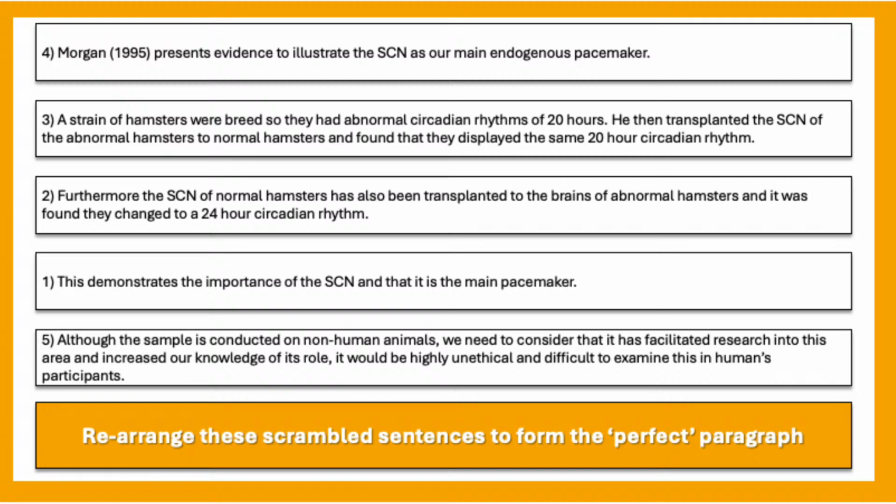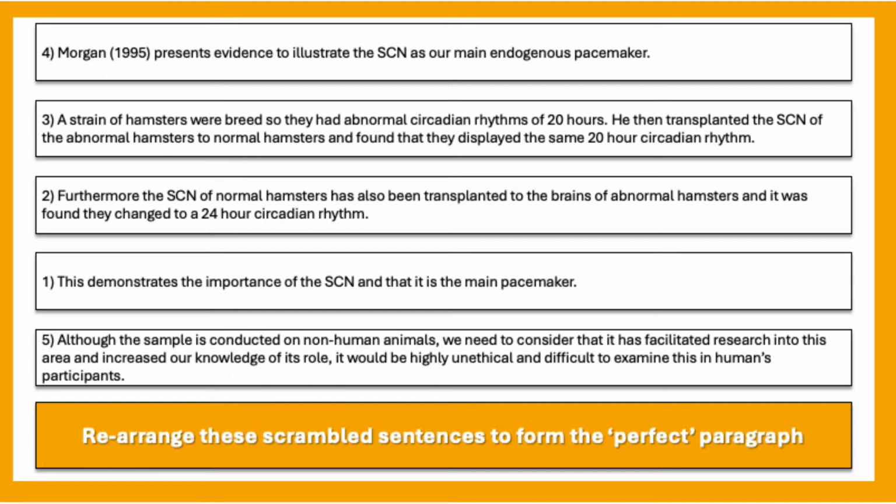Then we're coming towards the end of the evaluation here, and we're saying that this shows how important the SCN is. And then we've got a little bit of what I would call a line of argument, or a kind of extra layer in your bun, which is just to think about another angle, or maybe a little bit of counter argument.